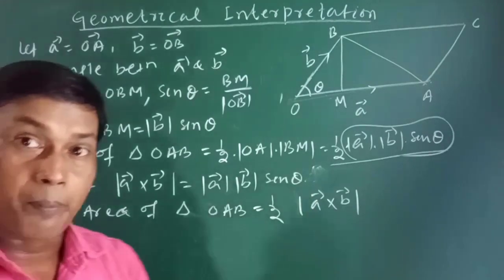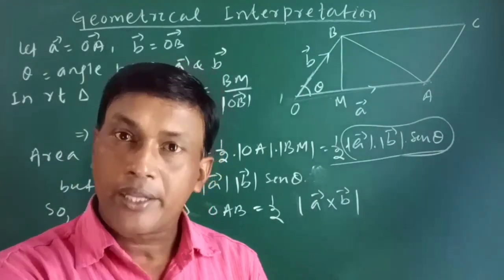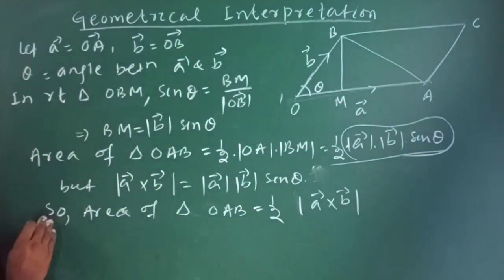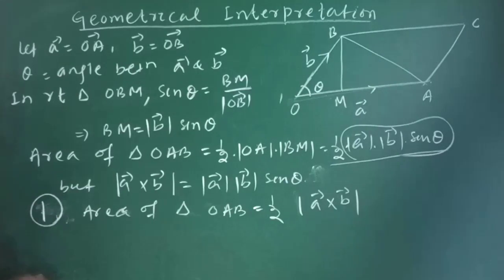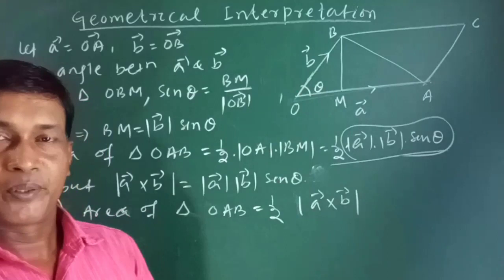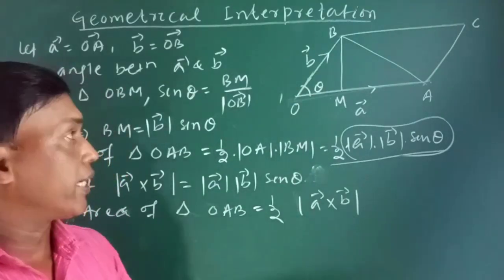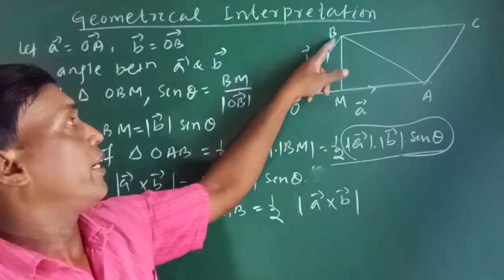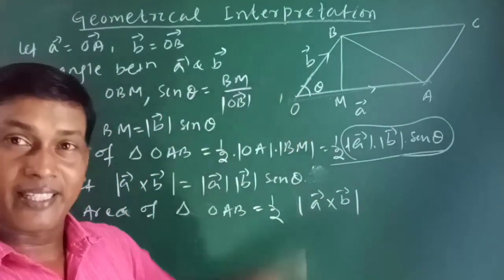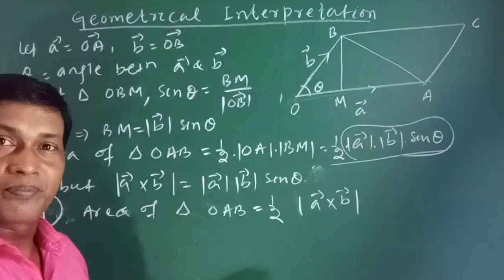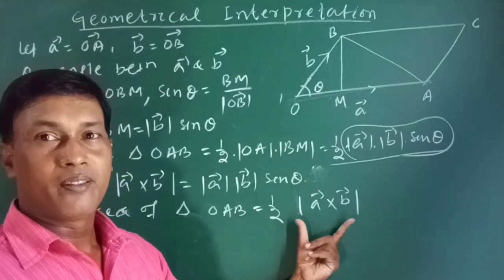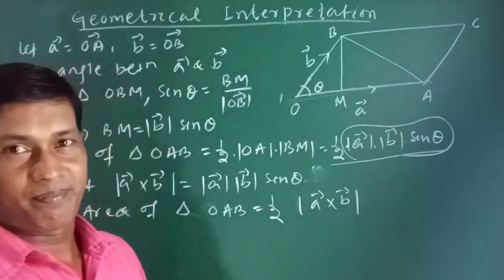So dear students, the first property, the geometrical representation of cross product: if A vector and B vector, two vectors, are represented by the two sides of a triangle having the same initial point, then the area of the triangle is half of the magnitude of the cross product of the two vectors.